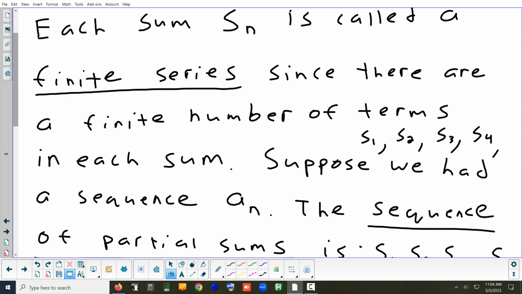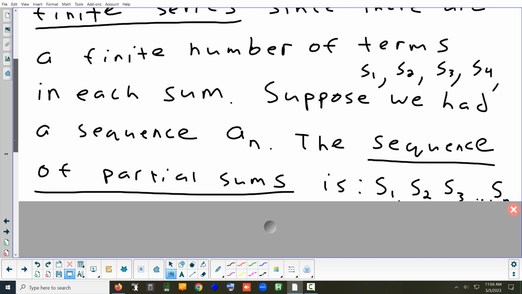And that's called a sequence of partial sums. So nothing here is infinite. It's just a finite amount of things you're adding together.